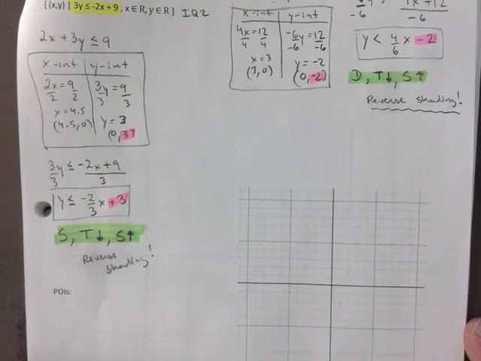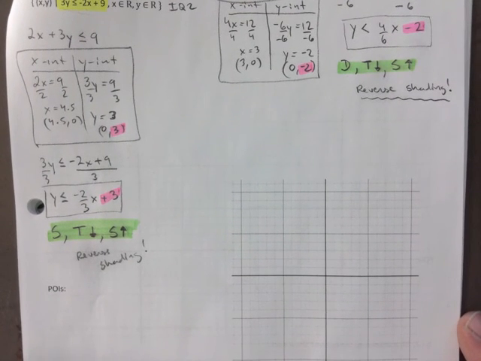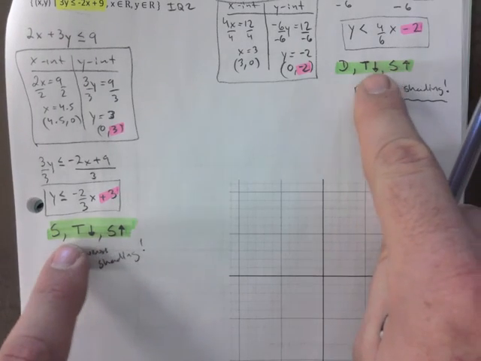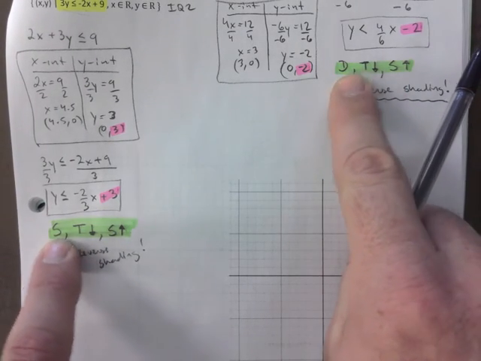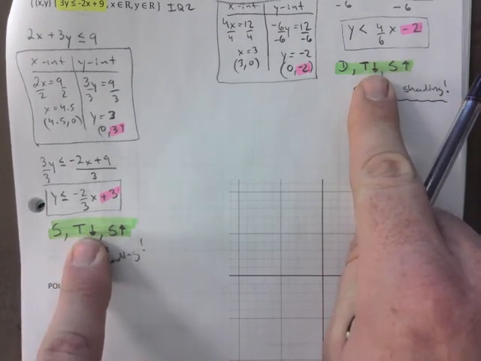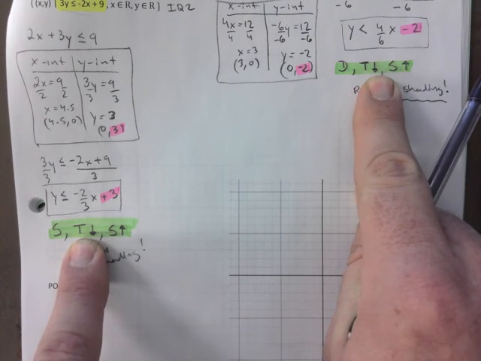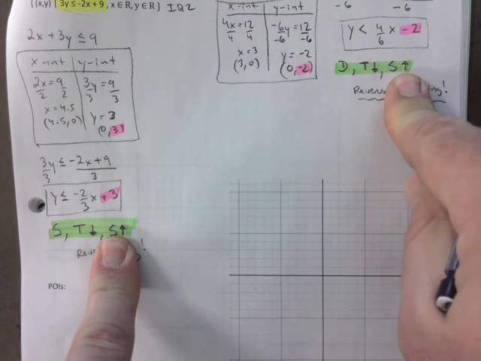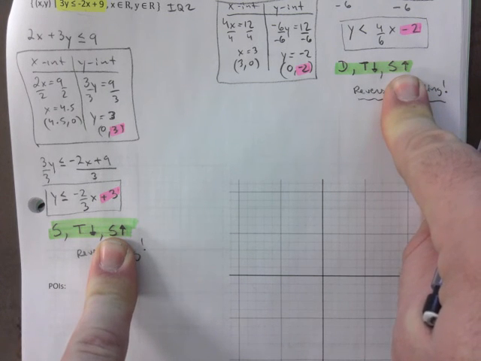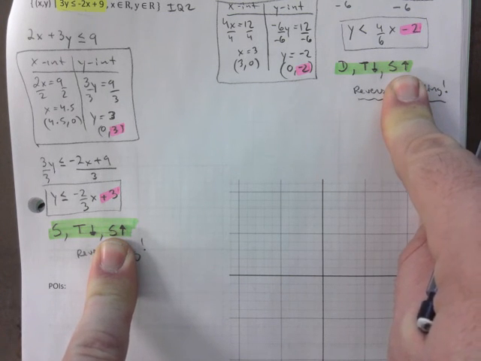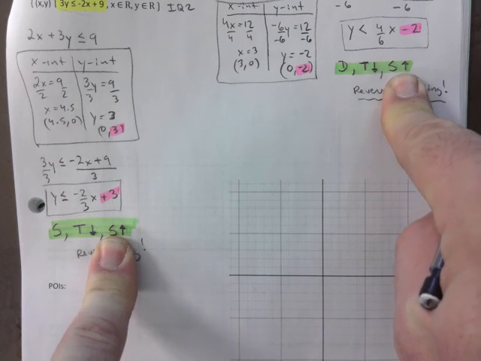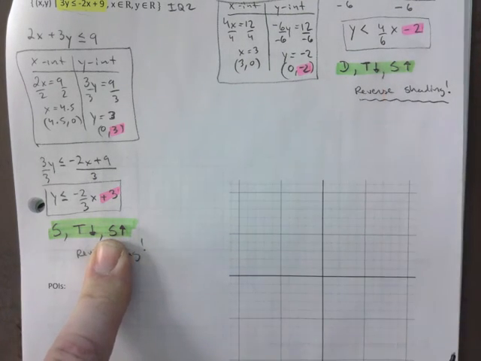So it jives. That's what you want. And then you tell yourself this: dashed versus solid. Where is the true region? It happens to be in the same place. Both of them are below. So therefore, both of the shadings should be the same. You should be shading above because we're doing reverse shading. Okay. All right. Now let's go on to graphing.